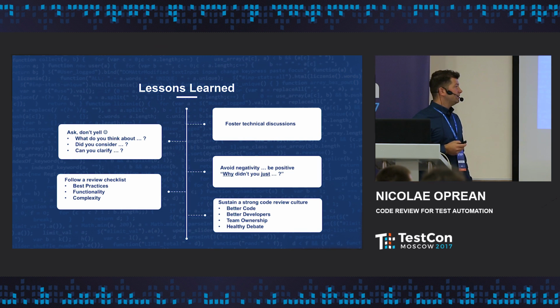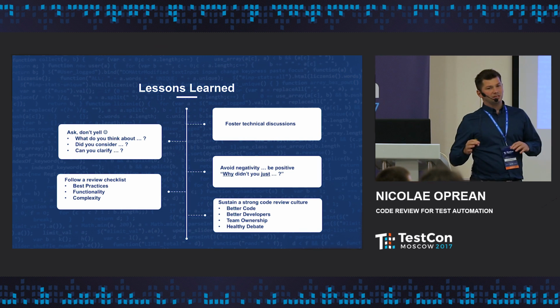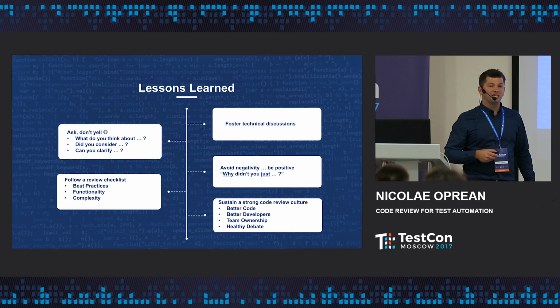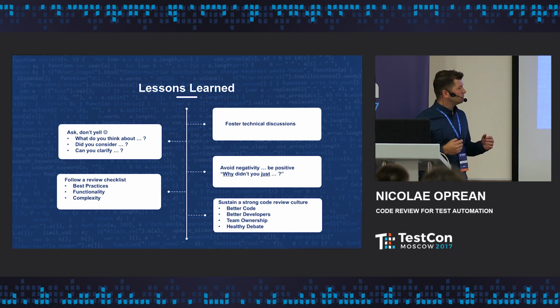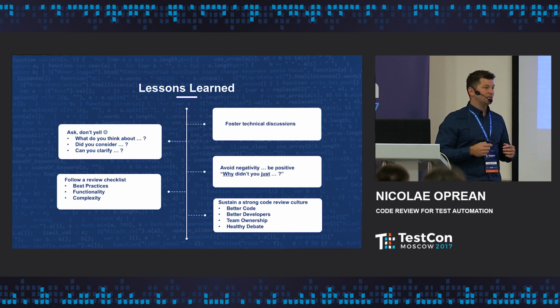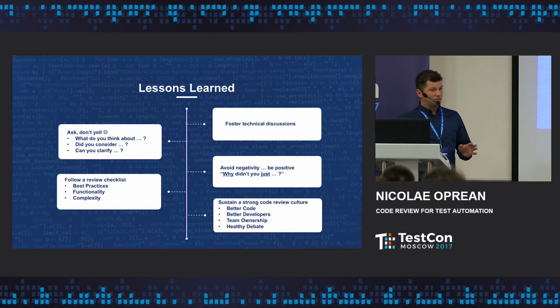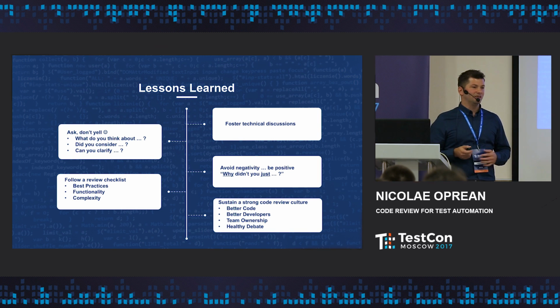Try to avoid negativity. When you put a question like, why didn't you just, if you see these two words, why and just, they are perceived very negatively. So try to remove those words from the sentence, and you already see a better question. So ask questions, but make sure how you ask it.